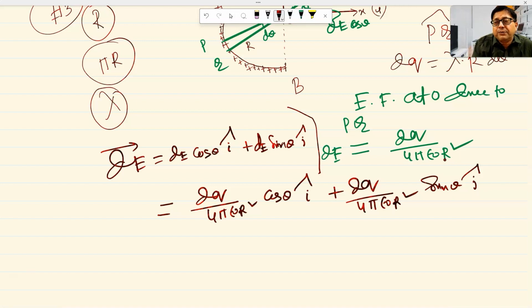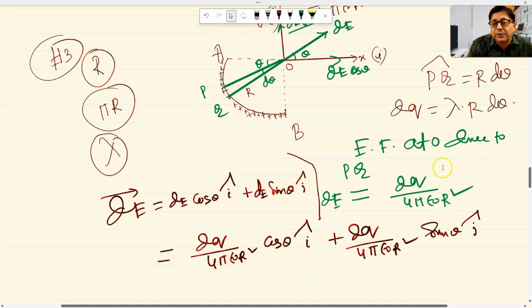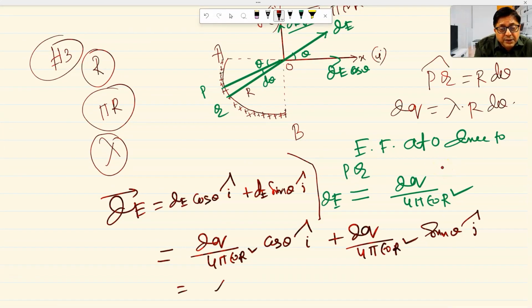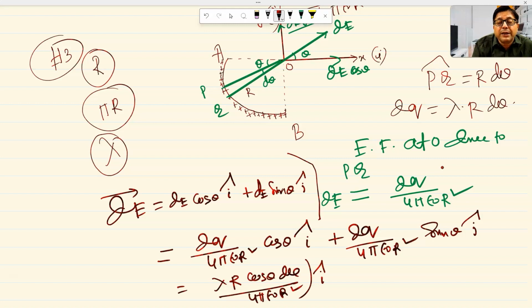Now put the value of dq. dq is what we have calculated before. dq is lambda r d theta. So lambda r d theta cos theta i cap by 4 pi epsilon 0 r square. This plus dq is what?